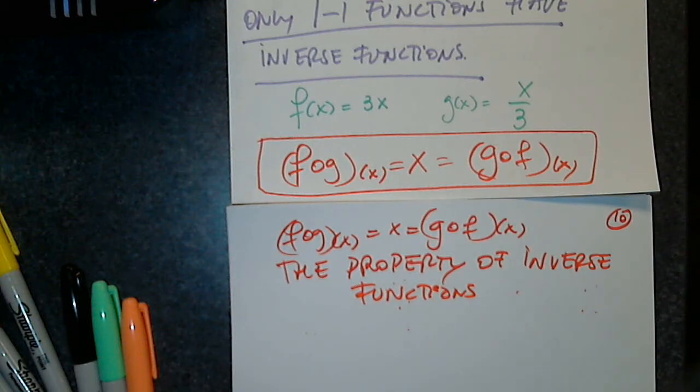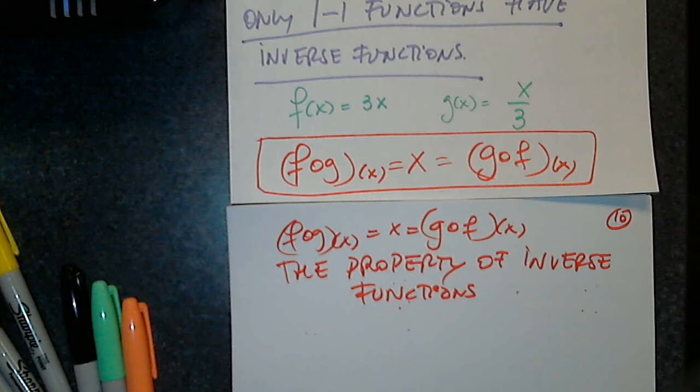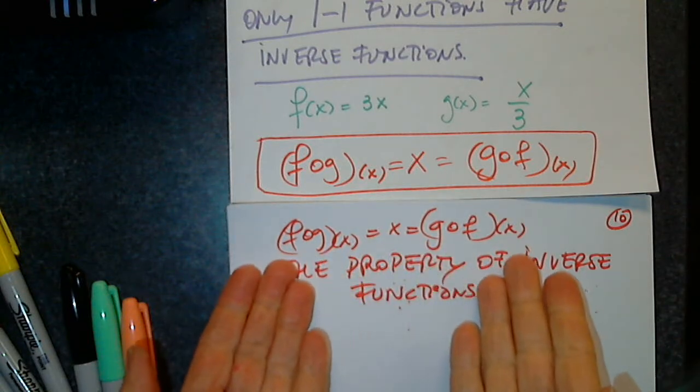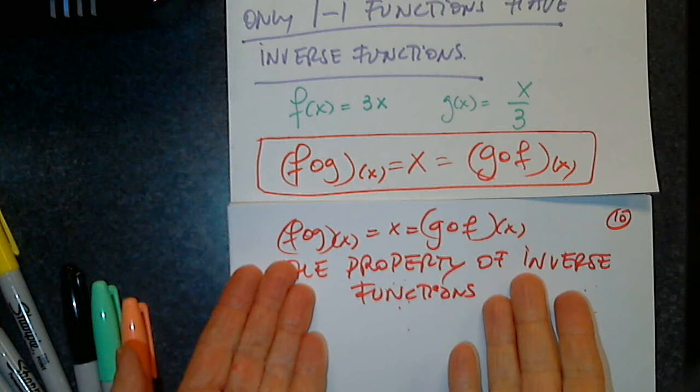So I haven't convinced you yet. I had a yes and I had a no. So obviously I have not convinced you that these two are inverses of each other. What do I have to determine? Look at the definition. And you will tell me what to determine.